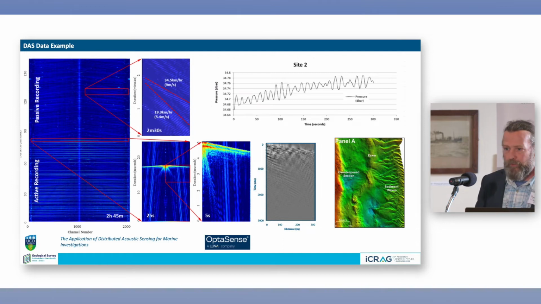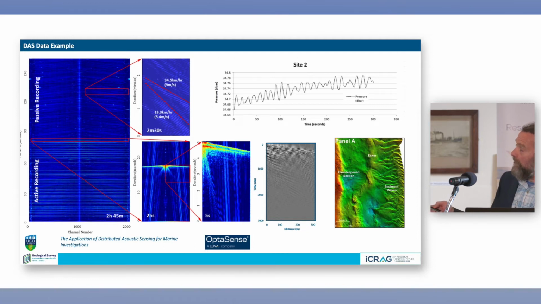We had absolute pressure sensors fixed to the cable on the seabed, and this is the data from the pressure sensors. If we have a look at the fibre optic data, the DAS data, we've got close to 3 hours of recording here. The top hour and a half is passive, no shots fired. The bottom, each of the horizontal lines is an individual shot.